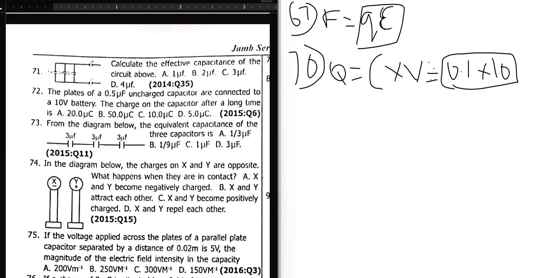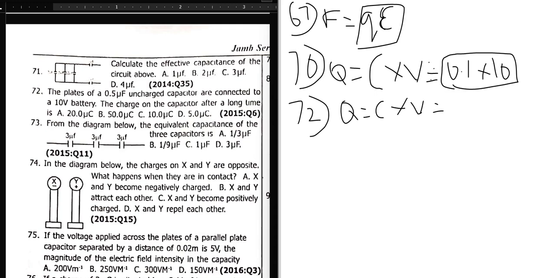72. 72 is saying the same thing. It said the plate of 0.5 microfarad uncharged capacitor is connected to a 10 volt battery. The charge on the capacitor after a long time is what? No time was given, just charge on the capacitor. So charge is equal to C times V. Our V is 10.